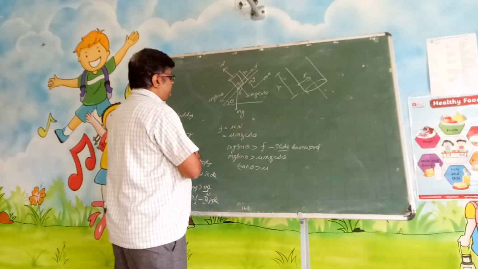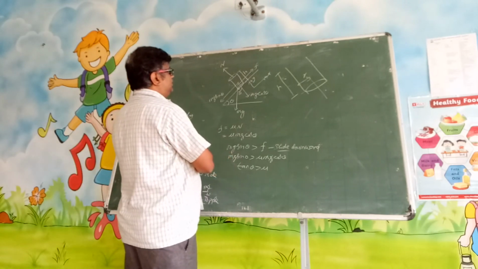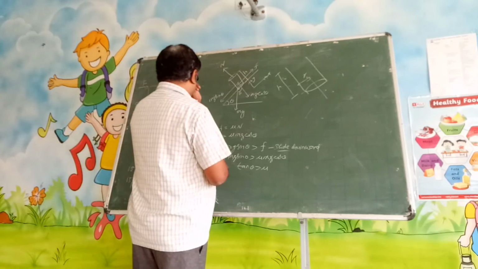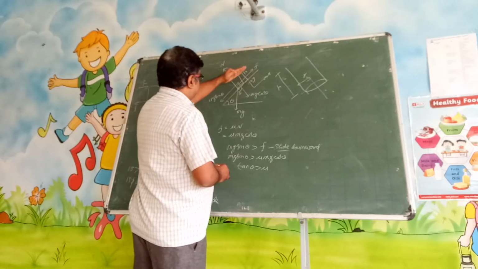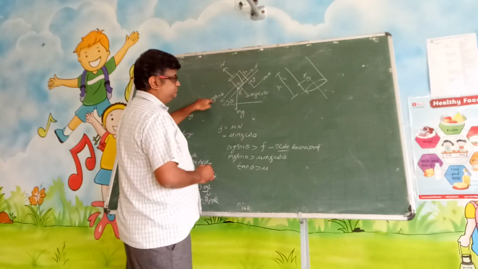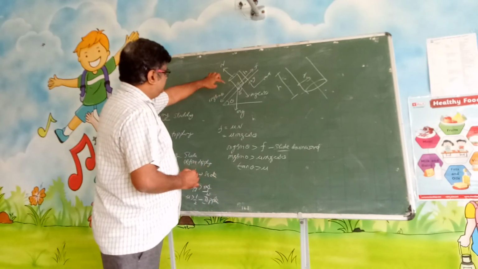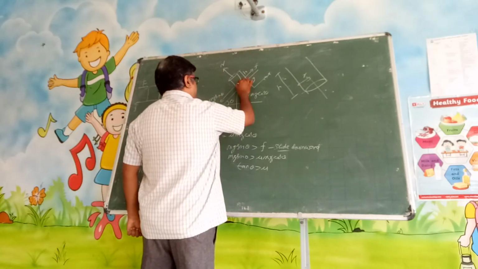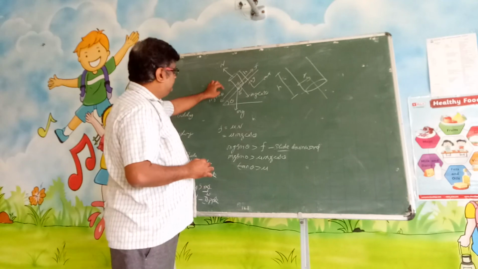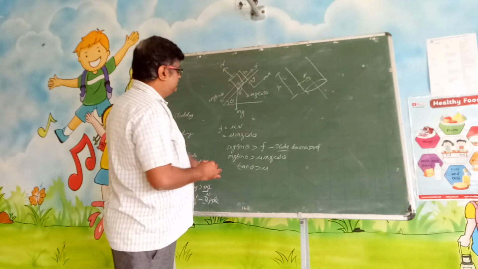So there will be a torque because of two forces here. Okay, which forces? See, there is one force which is in this direction, which is mg sin theta. Now mg sin theta, where it will act? It will act in the CG of the cylinder.